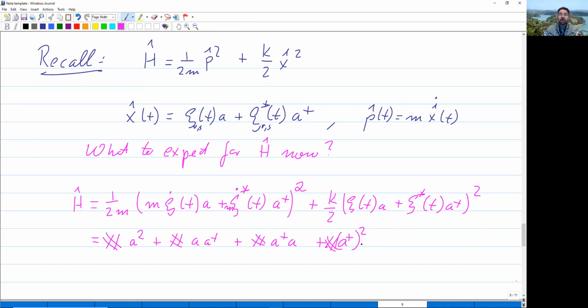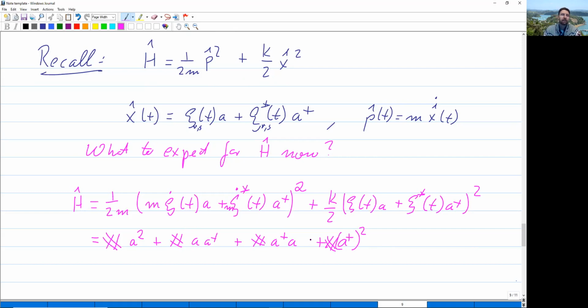That's clearly what the shape of this is going to be in terms of the a's and the a daggers, because we have here a plus a dagger squared, and here also some sort of a plus a dagger squared. So we have to expect these 4 terms. Now, that's not very convenient. We started out with a Hamiltonian that had only 2 terms, and now we have a Hamiltonian that has 4 terms.